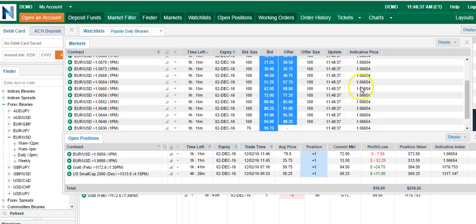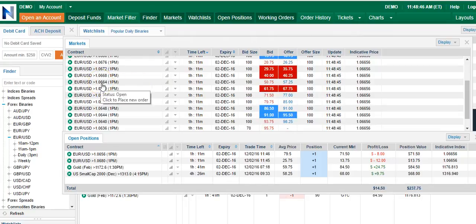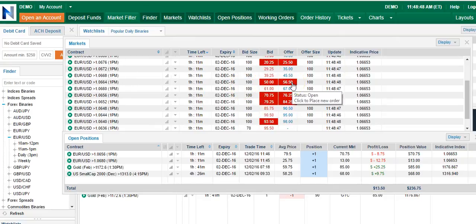For example, here's a perfect example. The market's at 106.65. I can buy that for $57. I can have it go against me by 1 pip and still get a 75% return on investment. You go over to a scammy broker, you're probably getting 70 or 75% return. If you lose by a pip, you lost the whole thing.